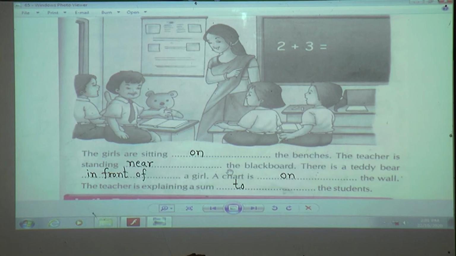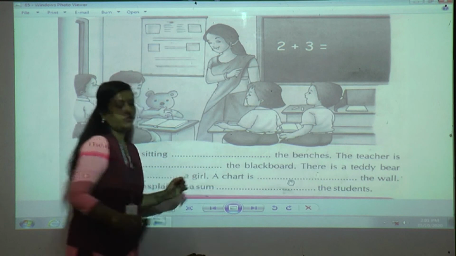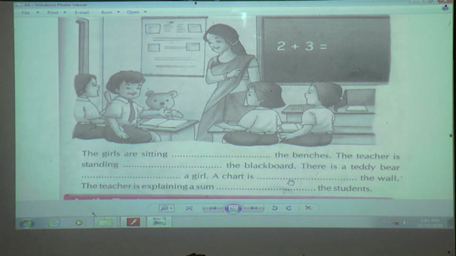And in this way we have finished exercise A, B, C, D. Done, students? Okay, now what are we going to do? We are going to see the animation of this lesson. Are you ready, students? So whatever you have not understood, you can see. Again we will revise it through animation.